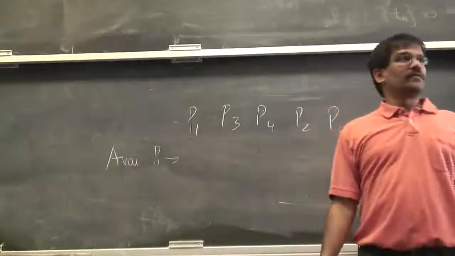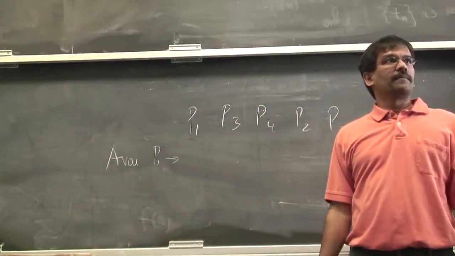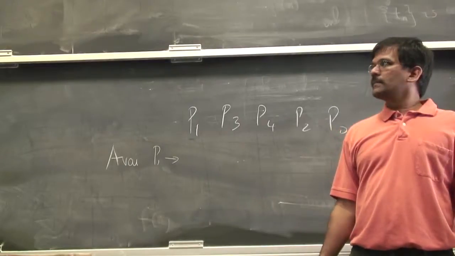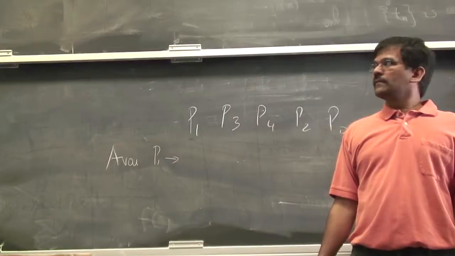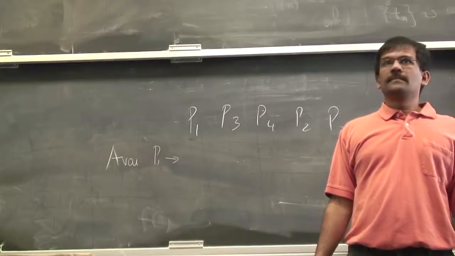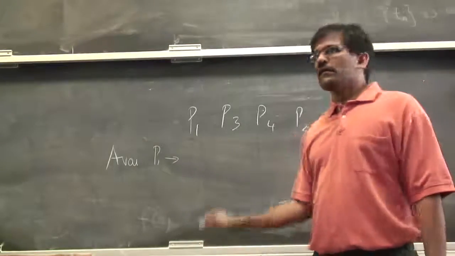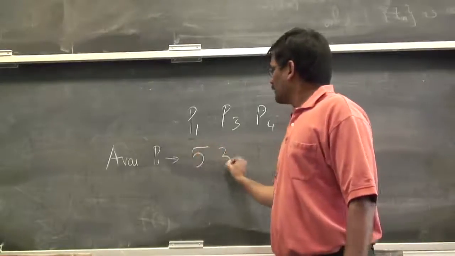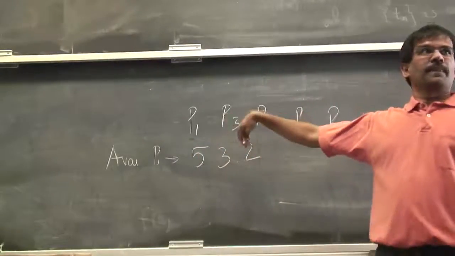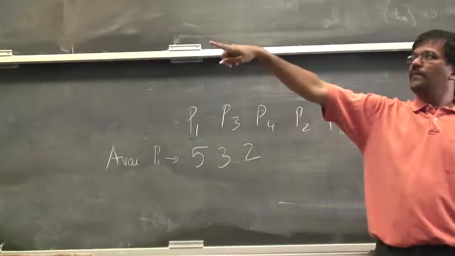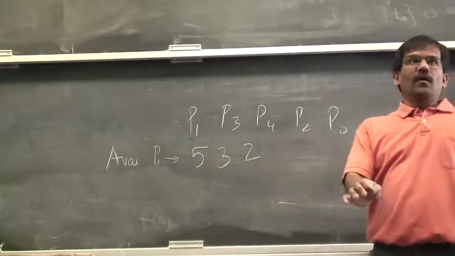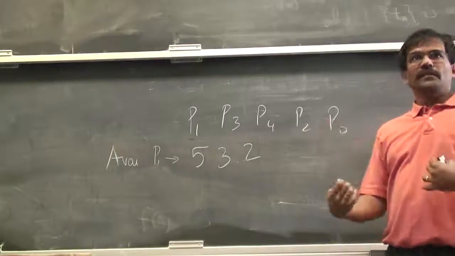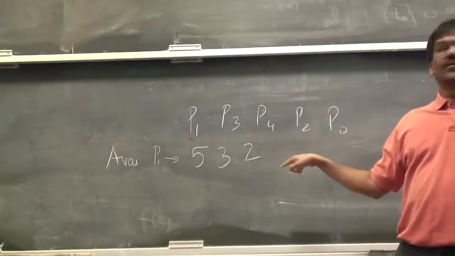So what would the available resources be after P1 finishes? P1 right now has 2 resources, so it will have to be allocated all it wanted, but when it finishes, you will have 5, 3, 2, right?